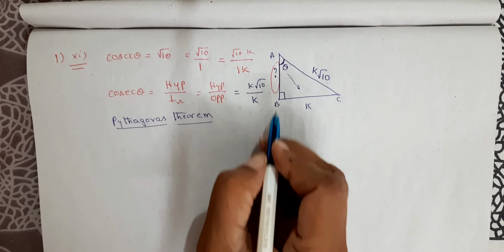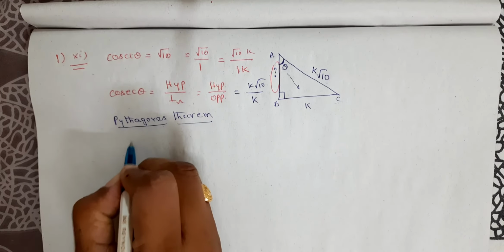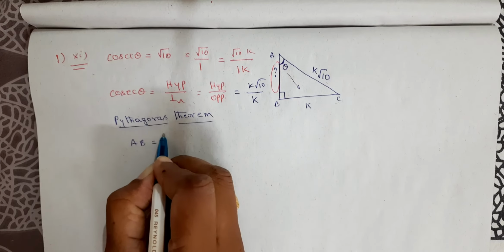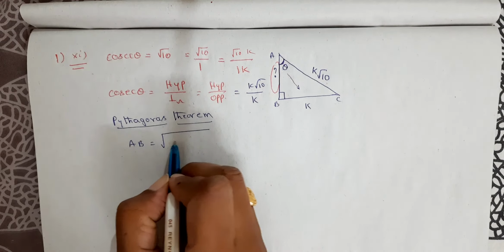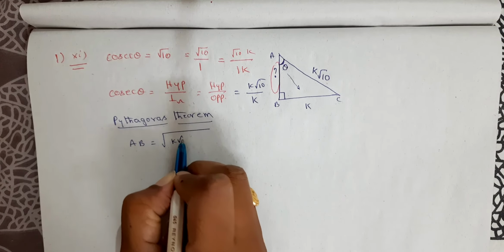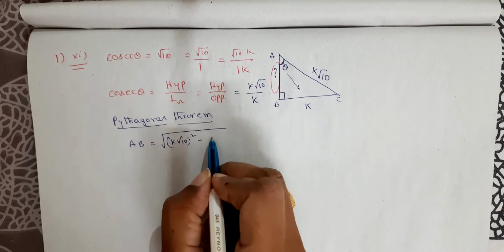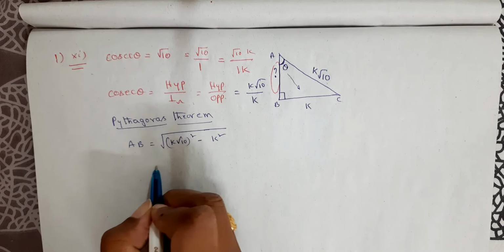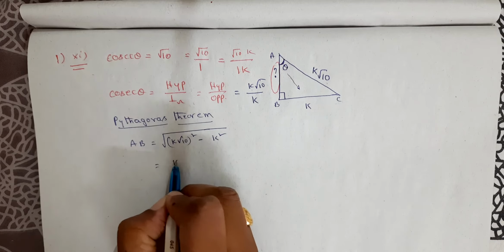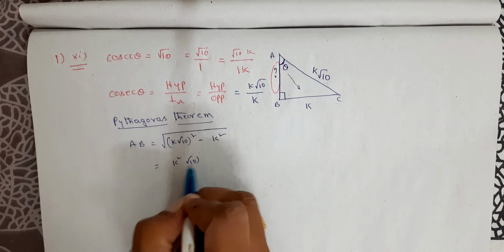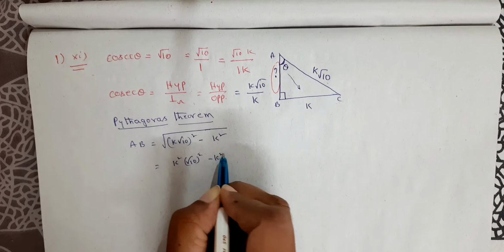The base AB is equal to the root of the largest side, that is k root 10 whole square, minus the smaller side, which is k square. So AB equals the square root of k root 10 whole square minus k square.